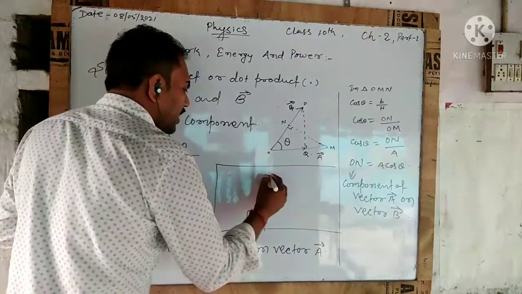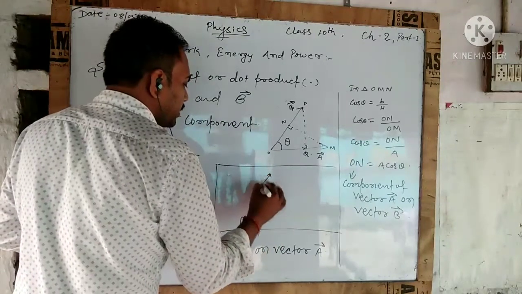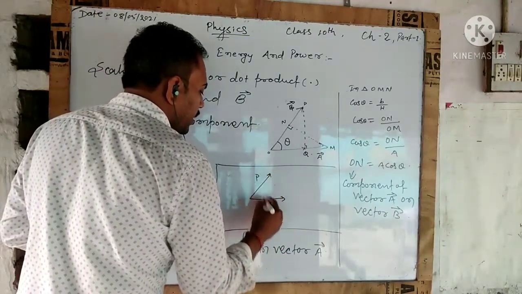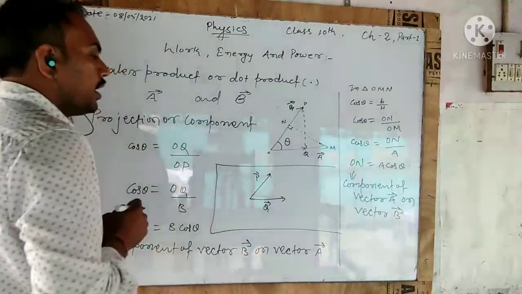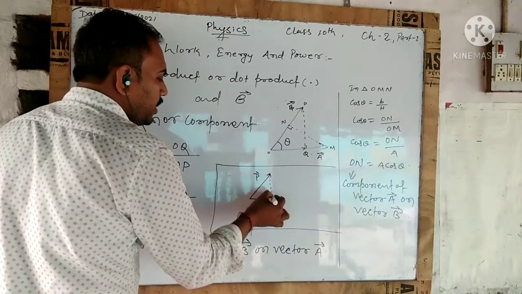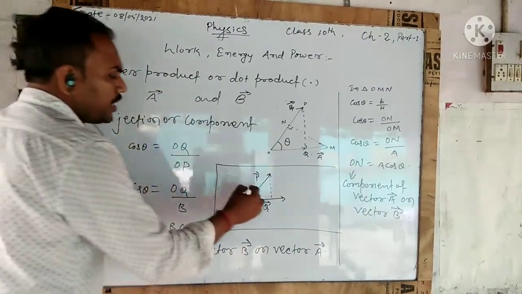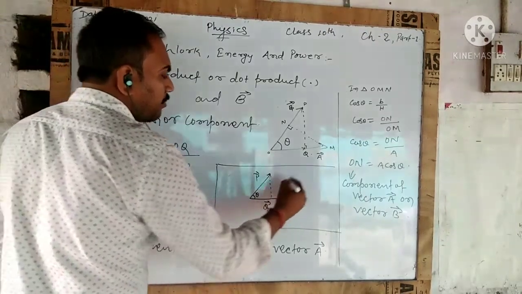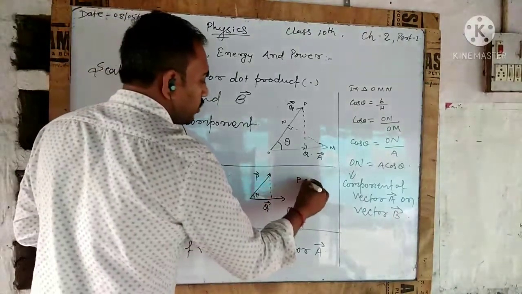Say there are two vectors, P and Q. If you want to take the component of vector P on Q, simply multiply the magnitude of vector P with cos theta.